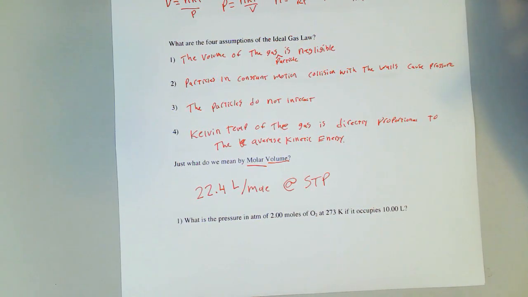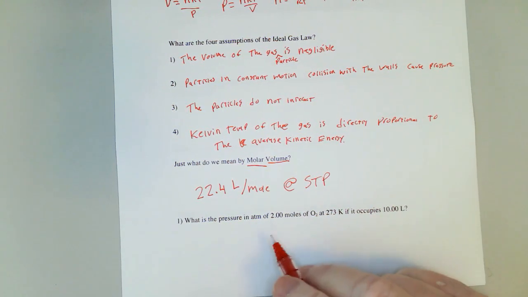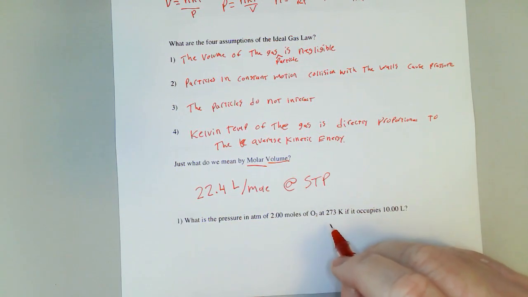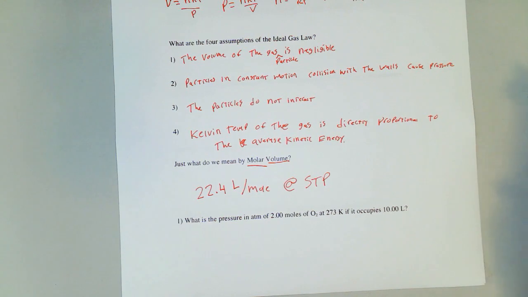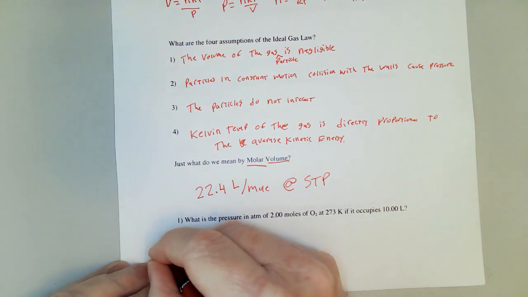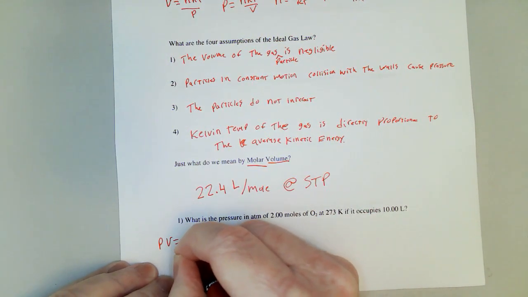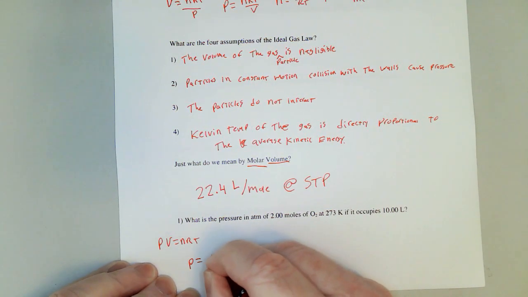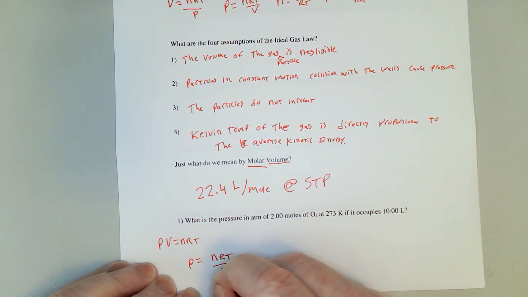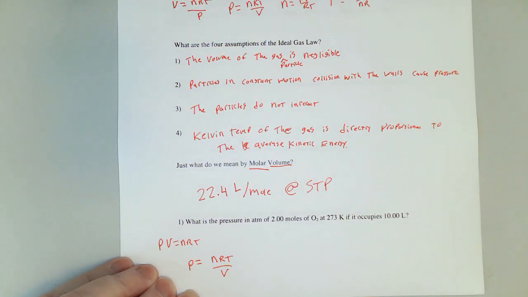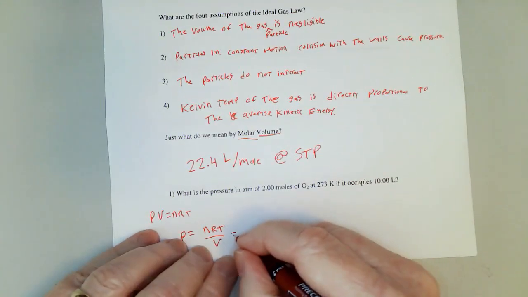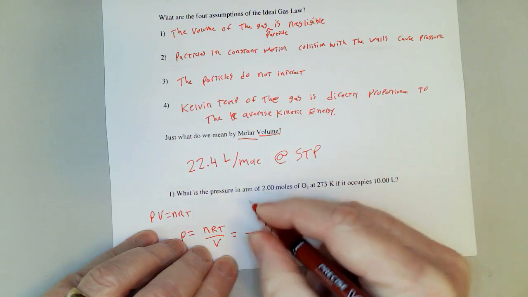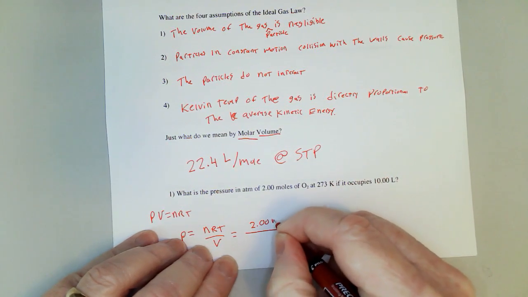Okay, so now let's do some problem solving. What's the pressure in atmospheres of 2 moles of O2 at 273 K if it occupies 10.00 liters? So PV equals nRT. I'm looking for P, which is nRT over V. Okay? Now, I have 2.00 moles.